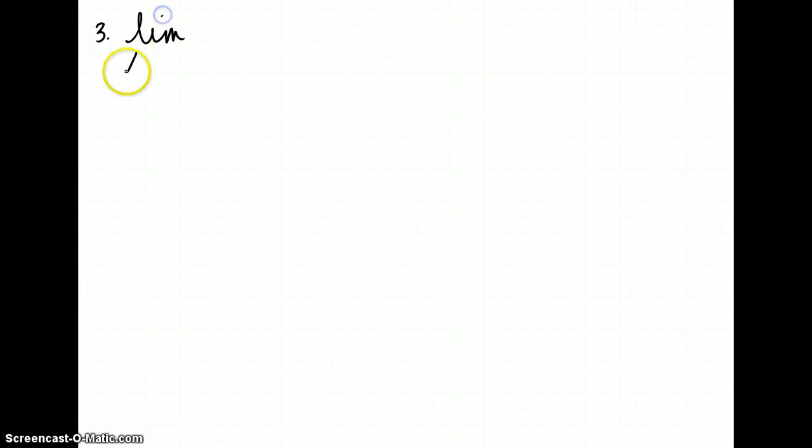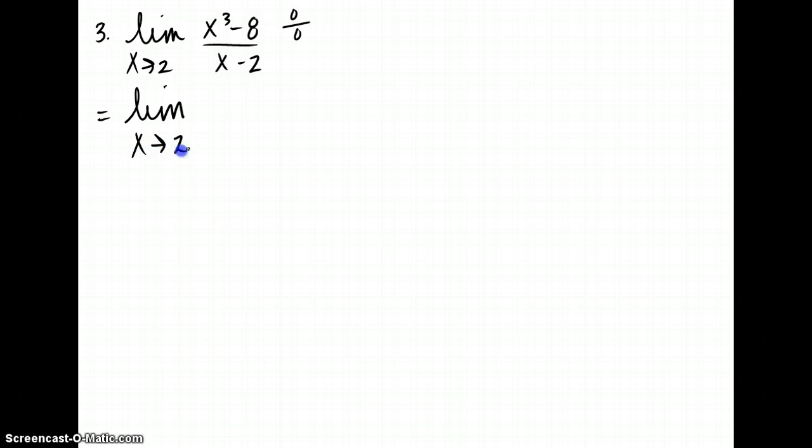Limit as x approaches 2 of x cubed minus 8 all over x minus 2. Direct substitution, 2 cubed is 8, minus 8 is 0, 2 minus 2 gives me 0. Okay, this is everybody's favorite, factoring. Now as you practice, you'll see, if you get a resulting indeterminate form, it's a pretty good place to start, that there's going to be a factor in the numerator that's the exact same as the denominator.